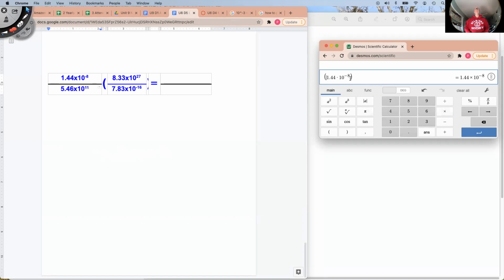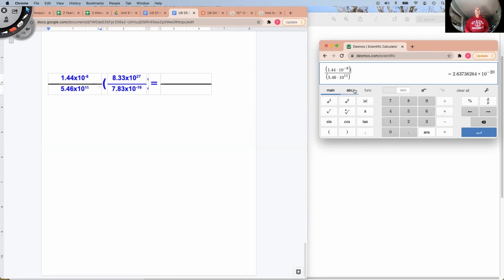And then we're going to divide by 5.46 times 10, and then we have to go to the exponent, the 11th power. So at this point, this is what our number is, but we have more to do. So how are we going to put this in the calculator? Well, lots of ways to put it in the calculator.